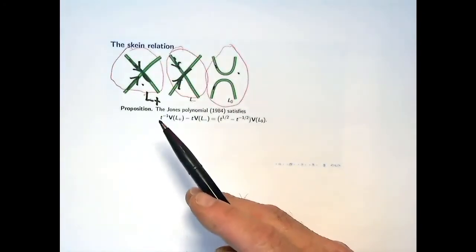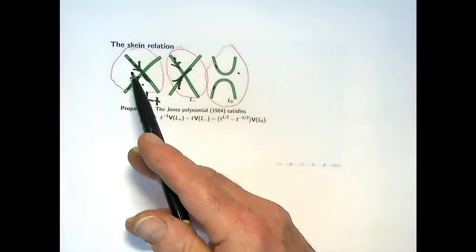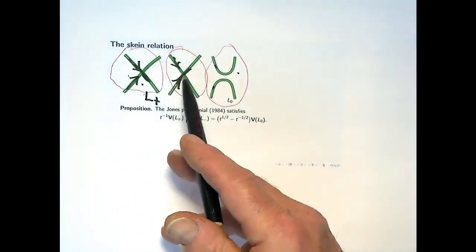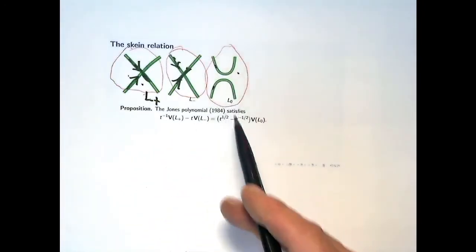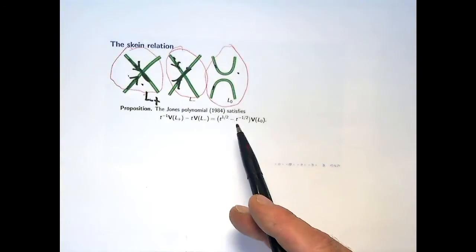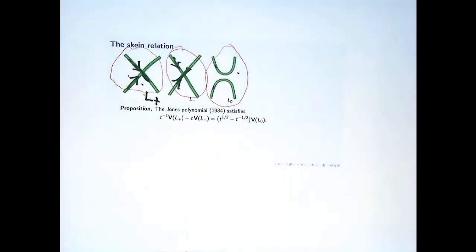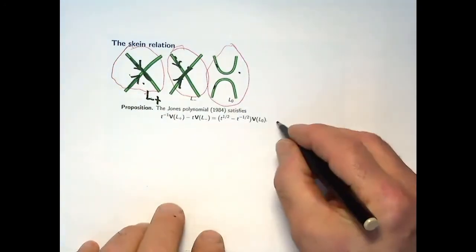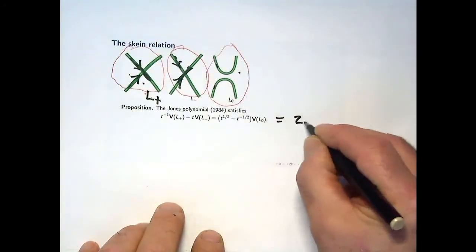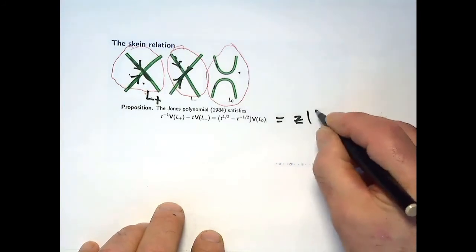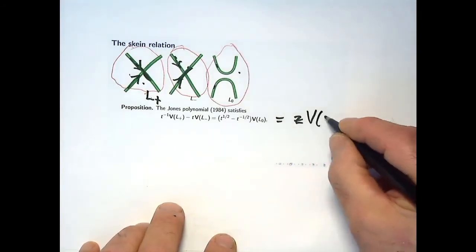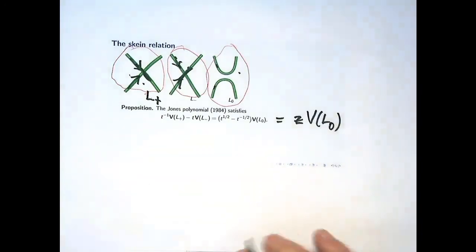So the formula is this, that t inverse of the first polynomial minus t of the second polynomial is this expression t to the half minus t to the minus a half times the third polynomial. And sometimes the last thing is called z. z v of L0 for shorthand.